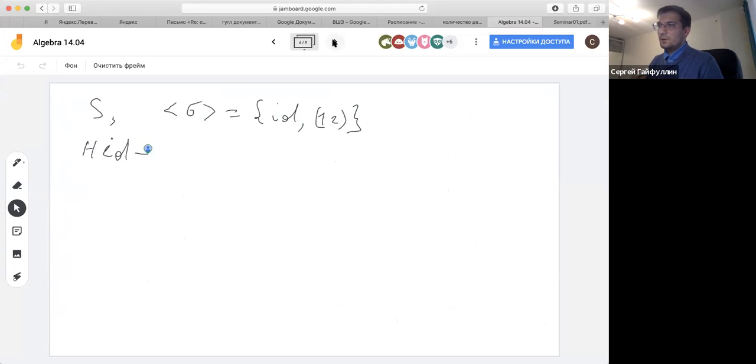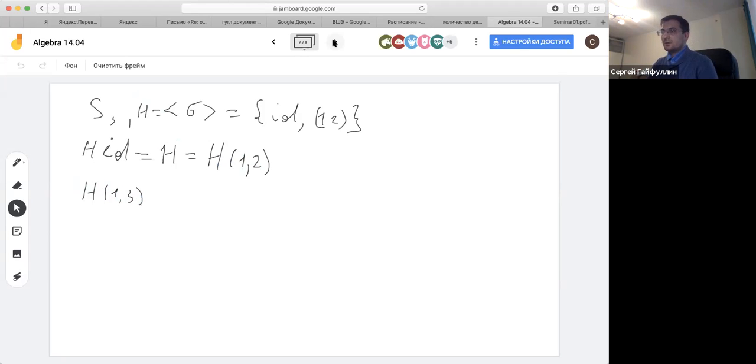Of course, since H is a subgroup, it is equal to H and it is equal to the right coset of 1, 2, because there is the same assertion for right cosets. If they intersect, then they coincide. So the second one is H multiplied by, for example, 1, 3.